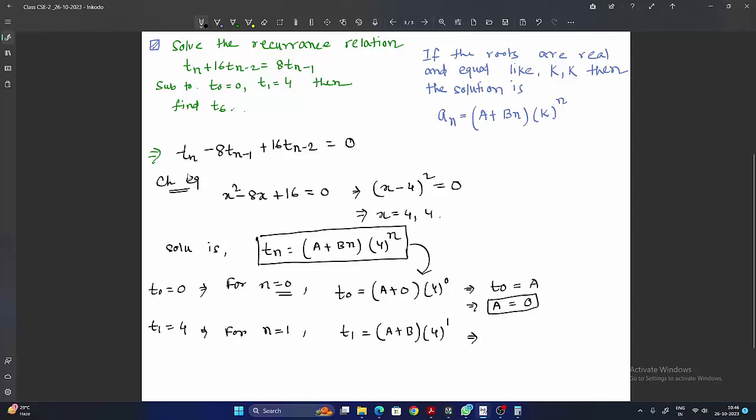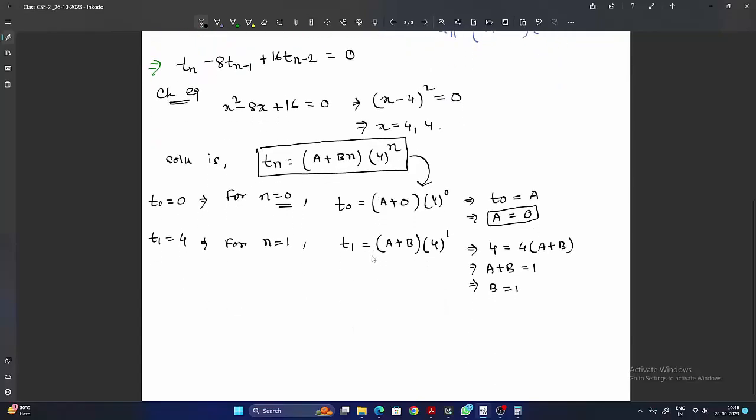So the t1 value is 4, so 4 is equal to 4 into a plus b, or a plus b is equal to 1, and a is 0, so what is the b value? 1. Okay, so now we have a and b. So now you can build the solution. So a value is 0 and b value is 1.